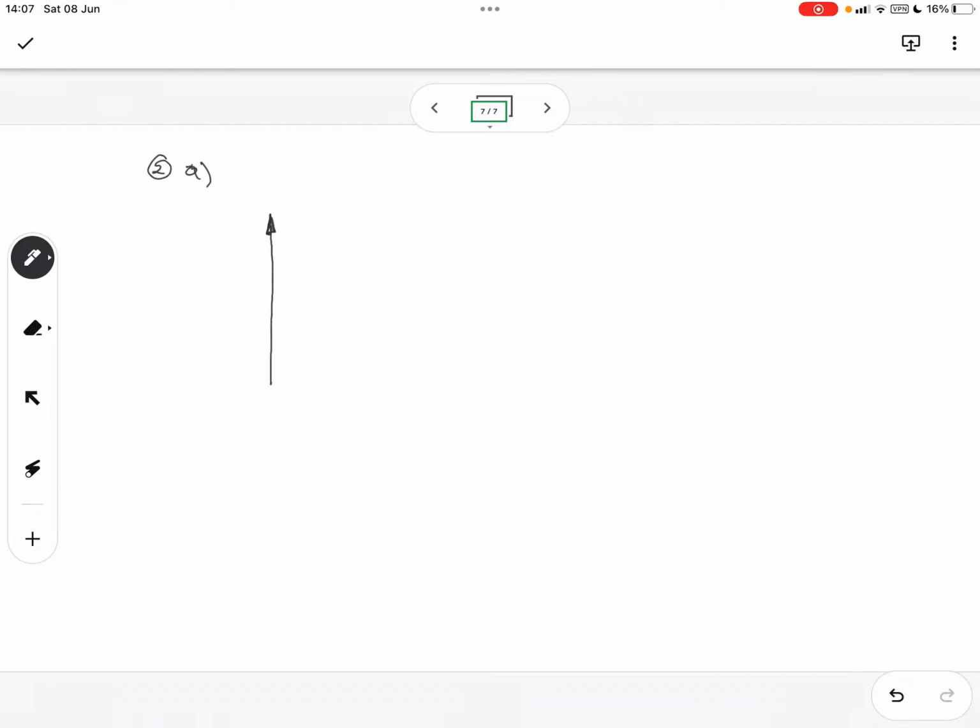And then number 2, we've got A, which is an arrow pointing like in that direction. And then we've got B, there's a vector, and then it's at 60 degrees to the horizontal.